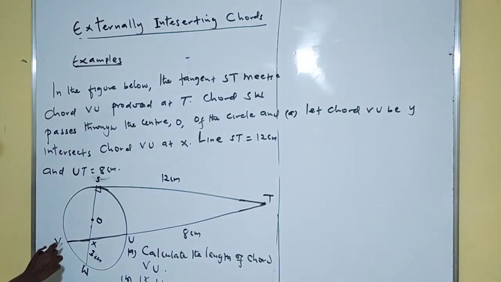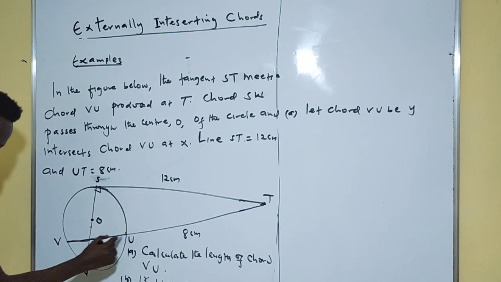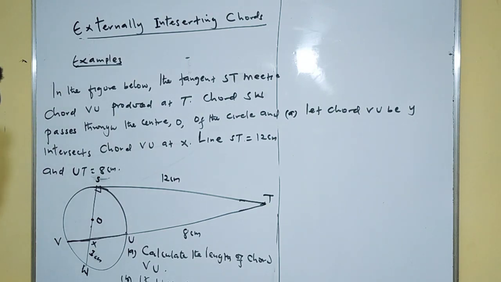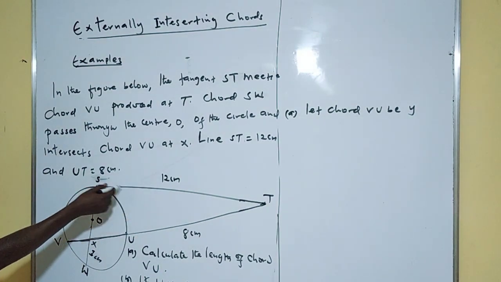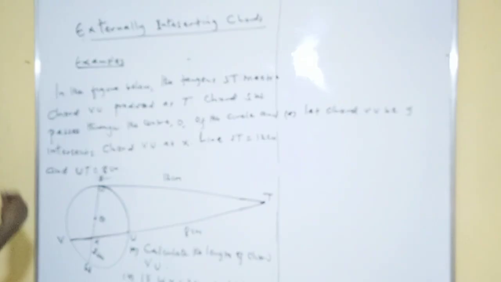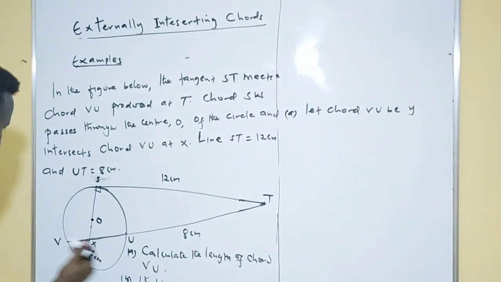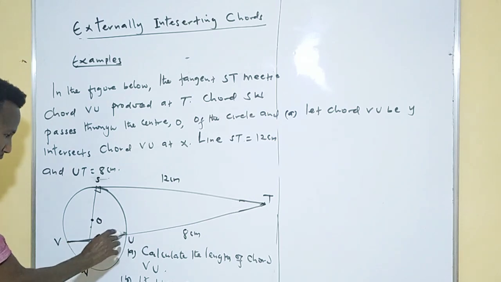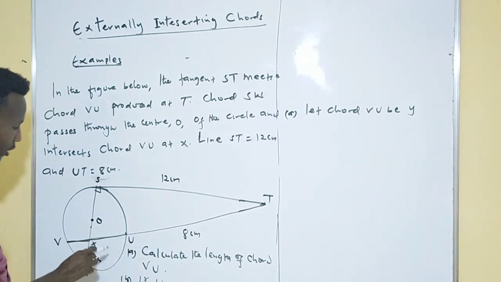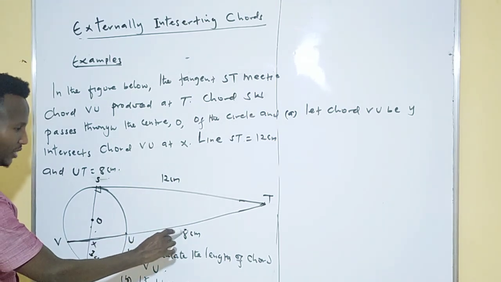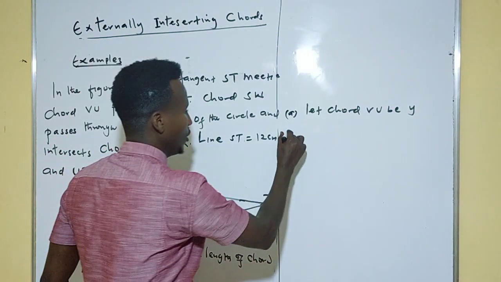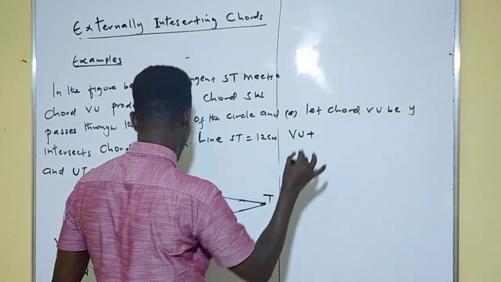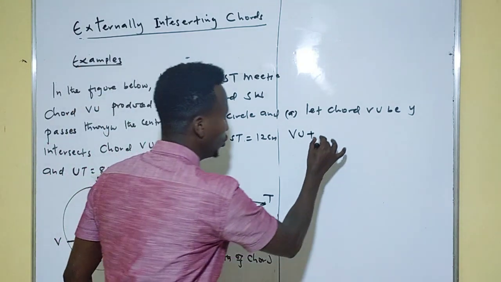So remember, the whole chord will be y. But what we know is, look here, this is a tangent, it's not a chord which is produced here. So in such a situation, VU is y, so you're going to say y plus 8 into 8.